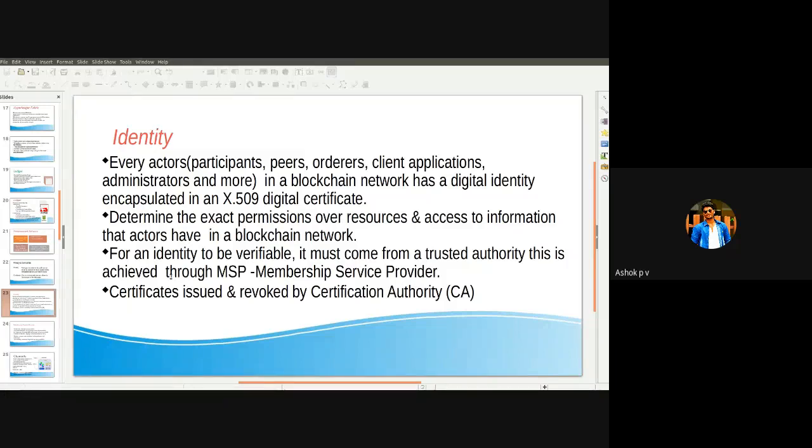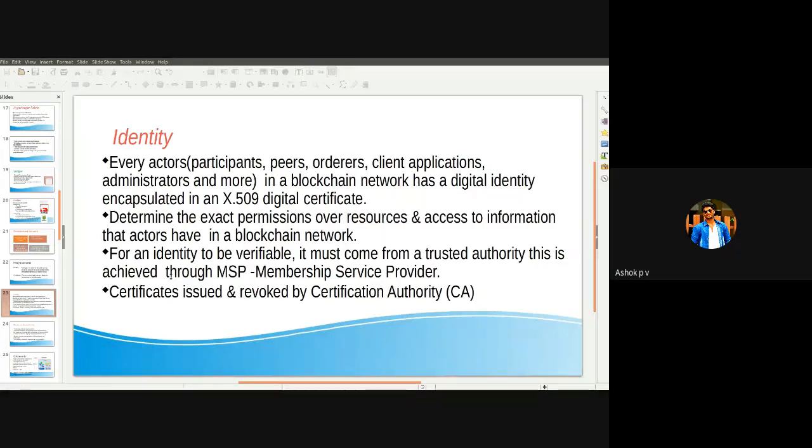So every identity that we were talking about will have a digital certificate in the blockchain network. And having a certificate is like a signature key for them to access the network, as I told you before. They have an X.509 digital certificate, and they have the exact permissions in Hyperledger Composer.